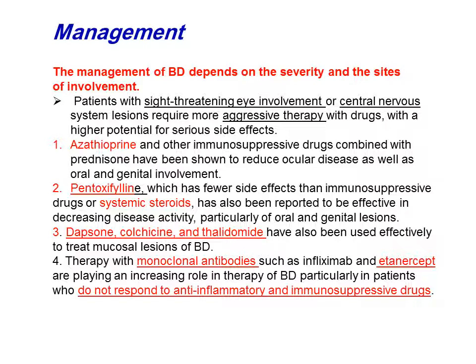Patients with life-threatening disease, central nervous system or sight-threatening eye involvement need aggressive therapy. However, there are serious side effects from the medication, but because the disease is severe, these medications should be used, such as azathioprine, pentoxifylline, systemic steroids, dapsone, progestin, and thalidomide.